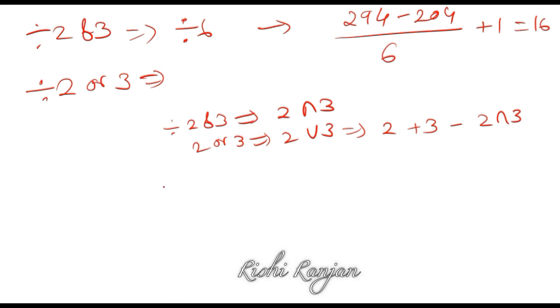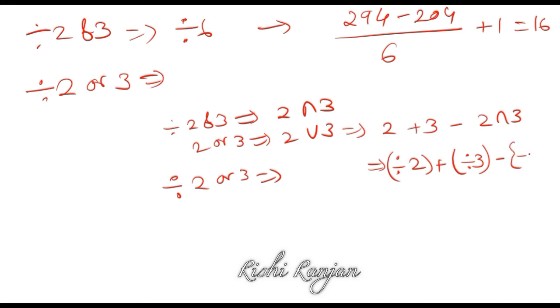That's why when they're asking numbers divisible by 2 or 3, we actually have to find the numbers divisible by 2 plus numbers divisible by 3 minus numbers divisible by 2 and 3, both of them, which means the numbers divisible by the LCM of 2 and 3, which is 6 actually.